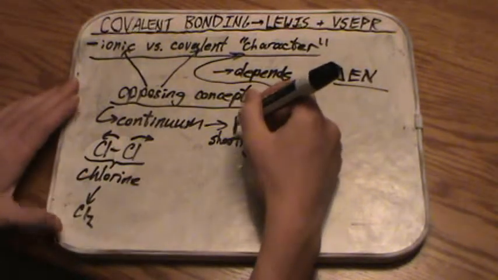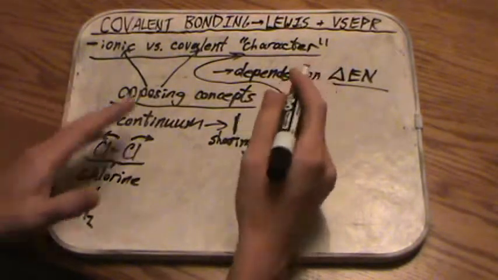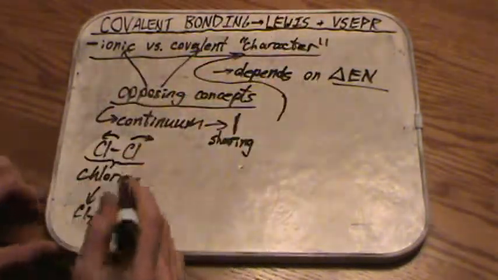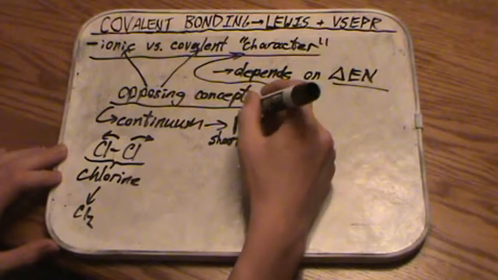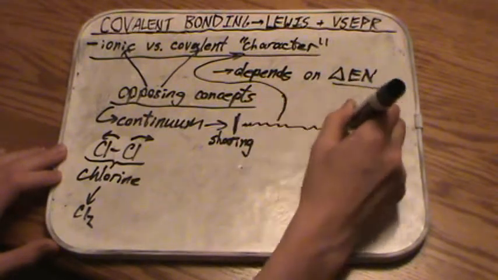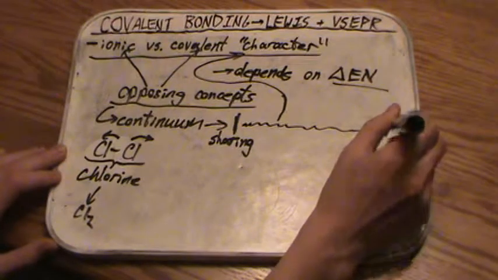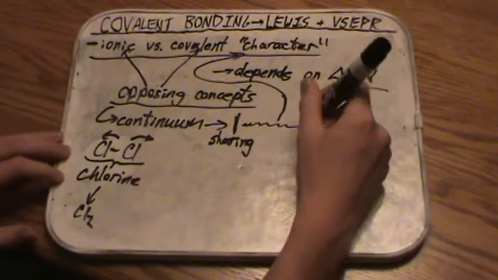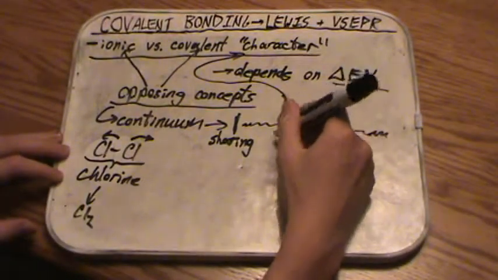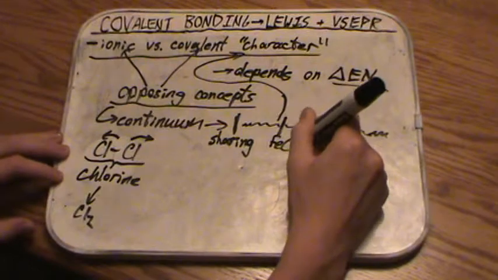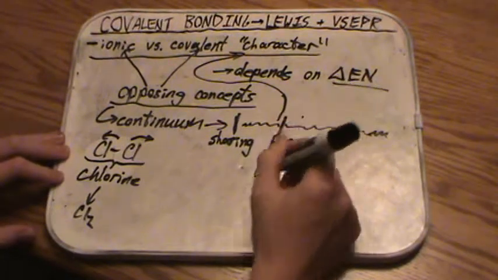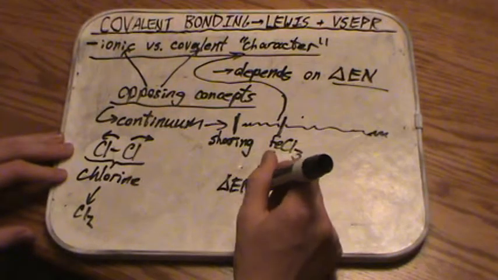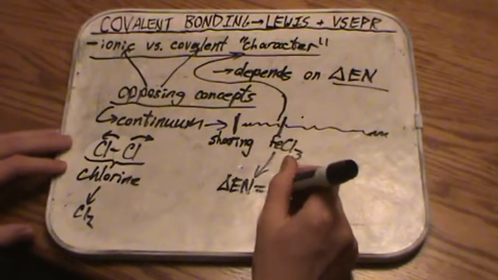So why am I calling this a continuum when there actually is a situation where a bond can be 100% covalent, completely covalent? Well, because in the middle there exist many other bonds that consist of a combination of these two ideas. For example, in the last video we talked about FeCl3, and the Fe-Cl bond has a delta EN, a difference in electronegativity, of 1.4.